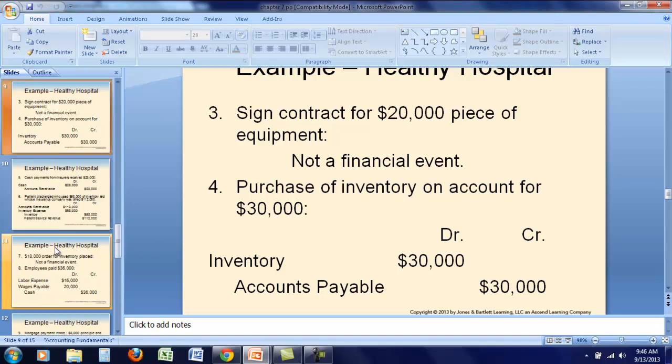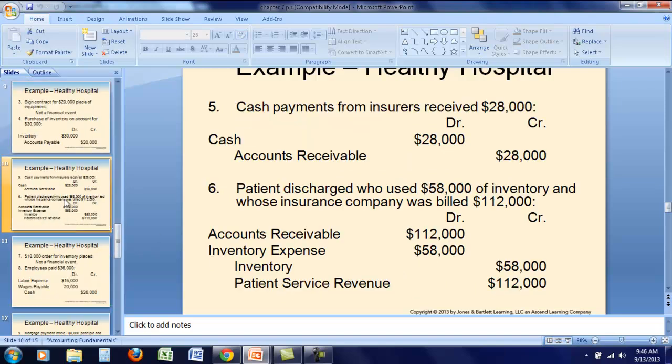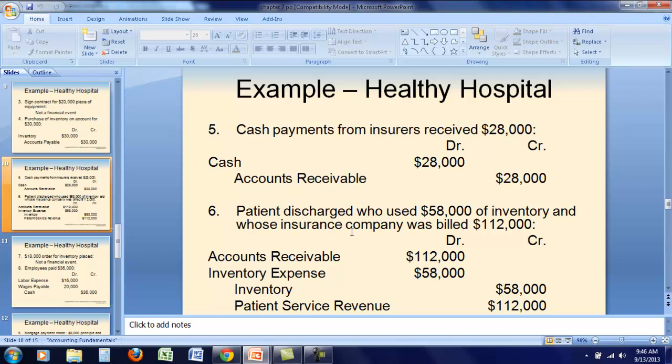So let's take a look at the 5th example, cash payments for insurers received. This is when you receive the money that you were due. So I received $28,000 for a service I had already provided. If you receive money, it's coming in and you have to deposit it.